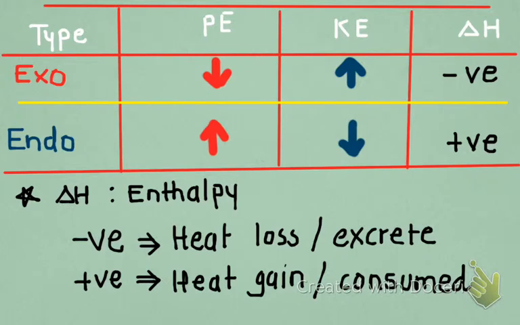This is the same representation in tabular format. The new parameter is change in enthalpy. For exothermic reaction, the change in enthalpy is negative, and for endothermic reaction, the change in enthalpy is positive.